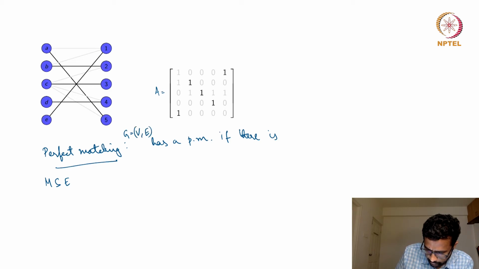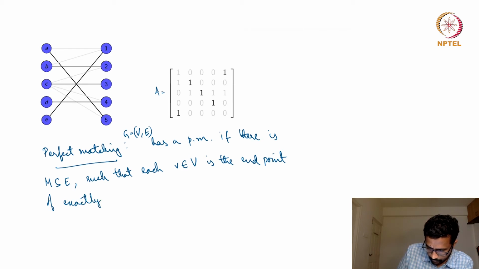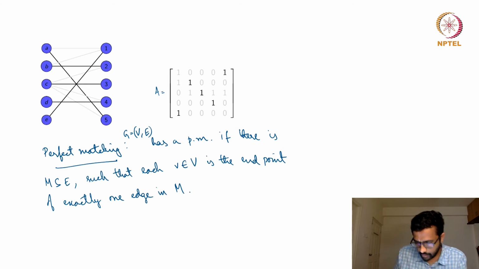So V is a set of vertices and E is a set of edges. So if there is M, a subset of edges such that each v in V is the endpoint of exactly one edge in M. So each vertex must appear as the endpoint of exactly one edge in M. Okay, so this exactly is important.